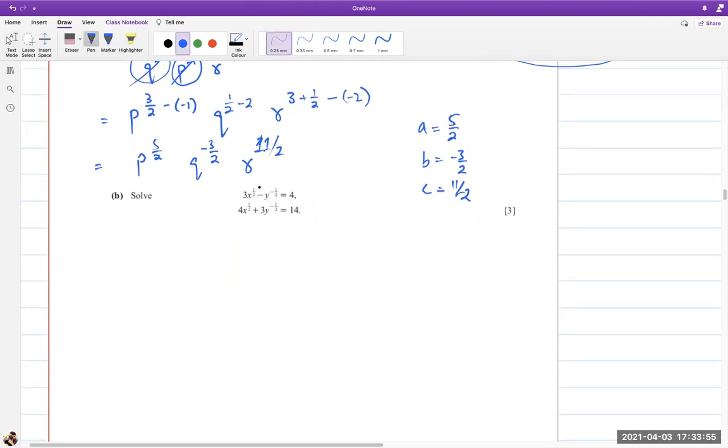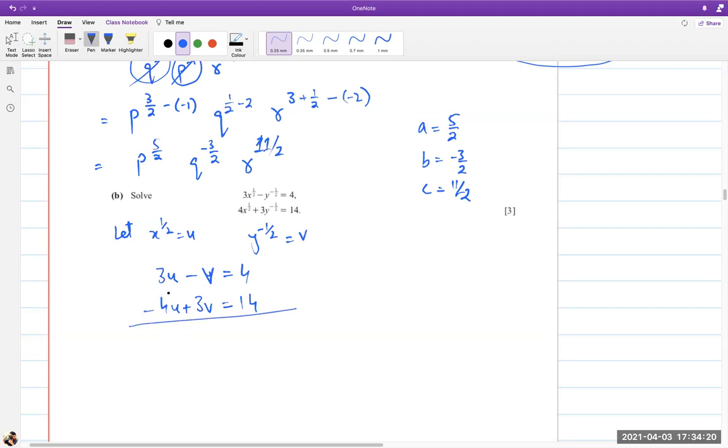Now, I'm not going to indulge with this equation in this form. I'm going to create dummy variables. Let x power half equal to u and y power minus half equal to maybe v. So 3u minus v equal to 4, and 4u plus 3v equal to 14. I have a simultaneous equation here.